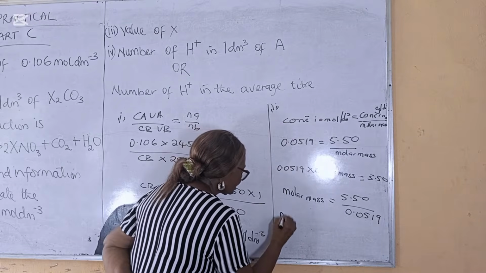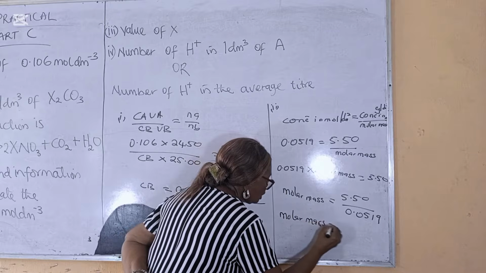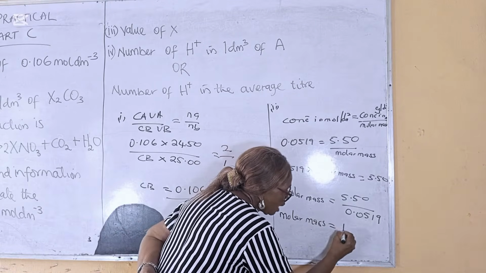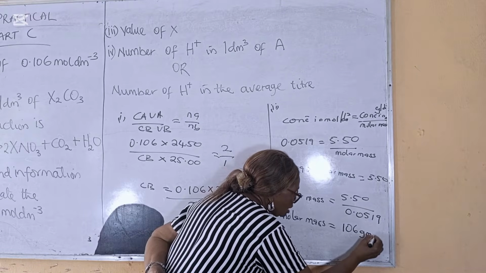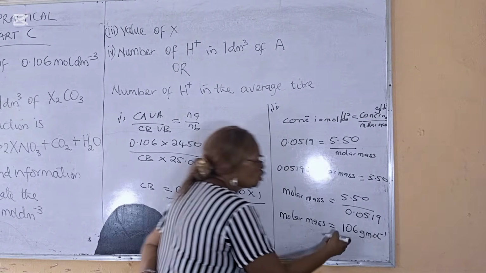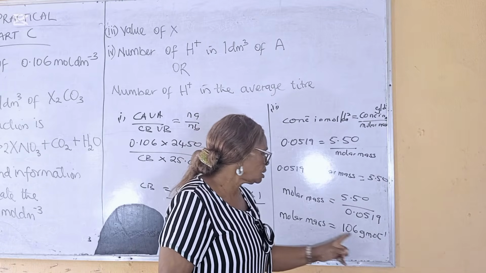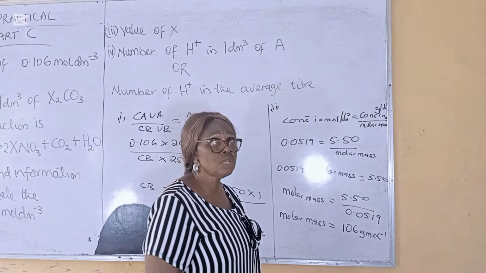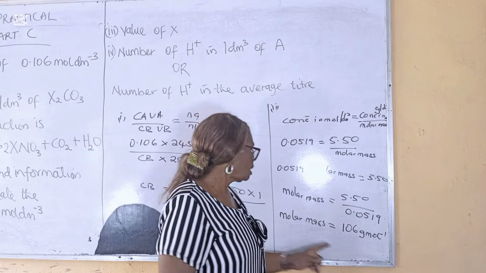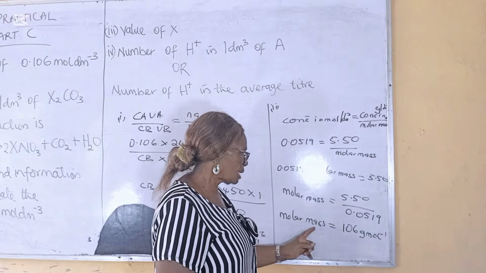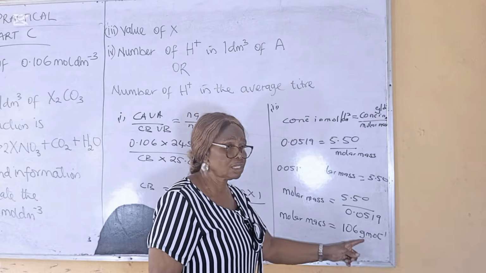So your molar mass approximately will be 106 grams per mole. If you don't put units, no score, because without units it is relative molecular mass. But with units, it's called molar mass. So units are very important here for you to score this.